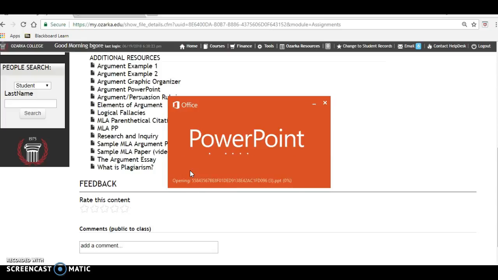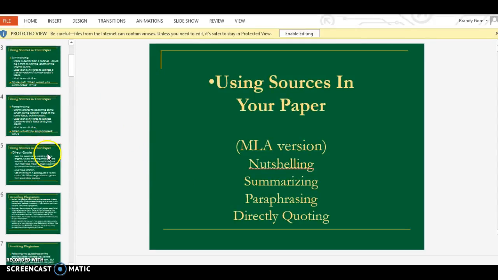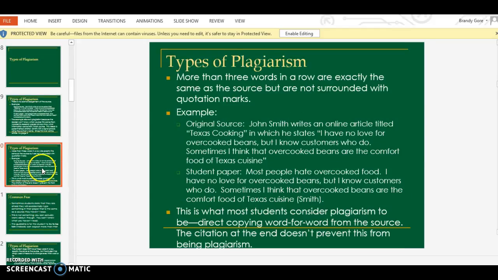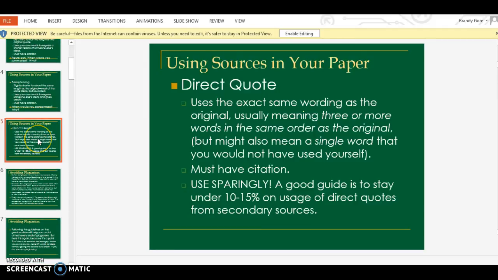It has examples of what to do and what not to do. Okay, and so you can work through these as you wish, okay, so that you understand how to do this.